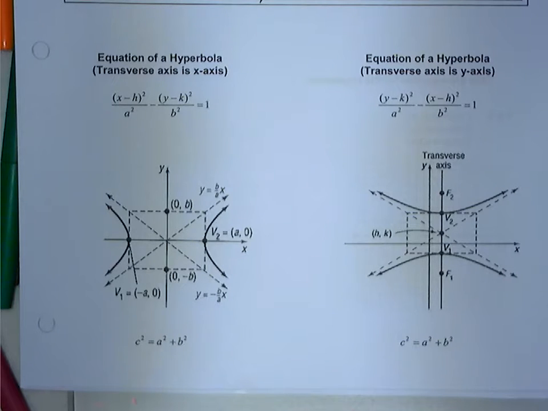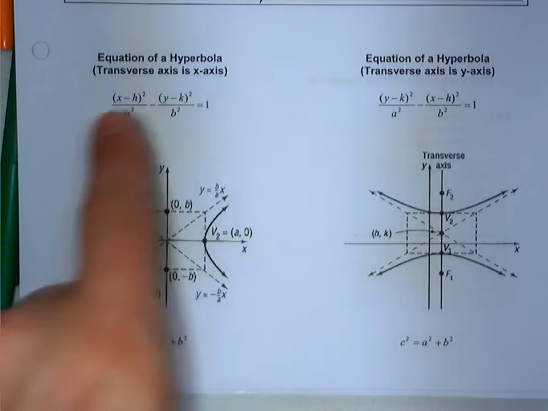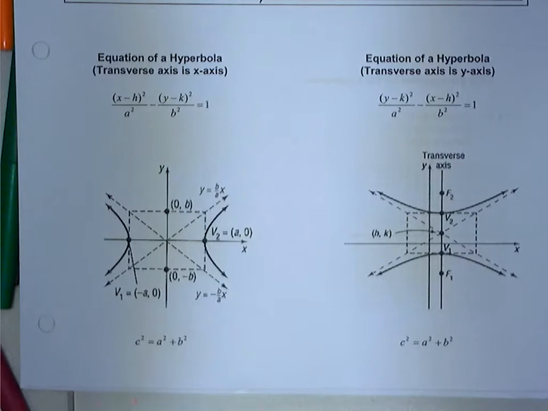Now, before we talk about the differences between the two, let's look at these formulas and compare them to what we just learned with the ellipse. Okay? There's one subtle change between the hyperbola and the ellipse. Does anybody see the little change, Molly? The squares, so A is squared and B is squared, in both, yep.